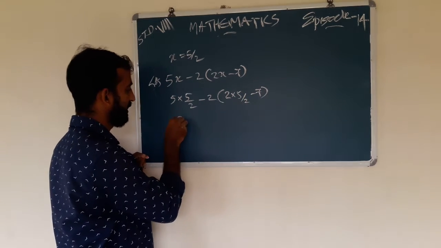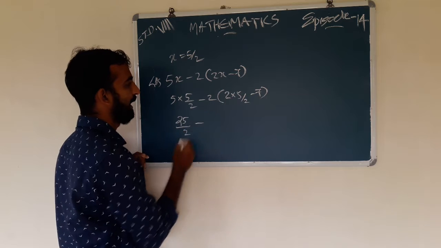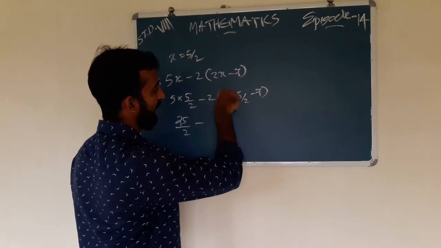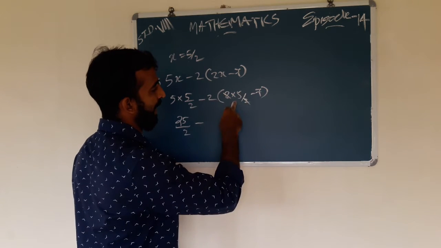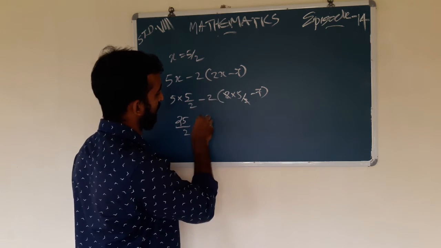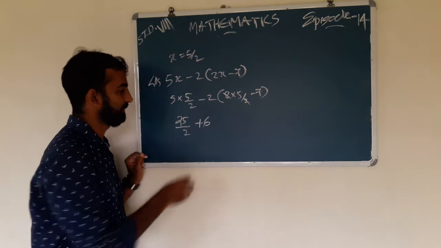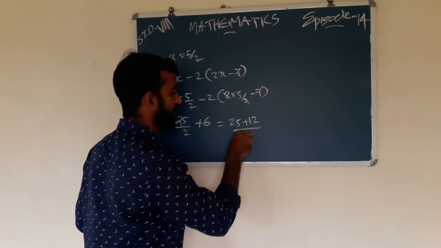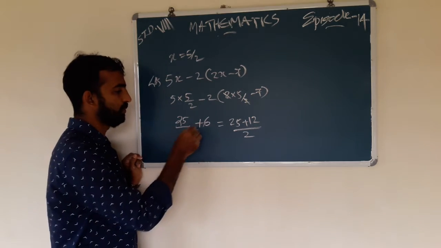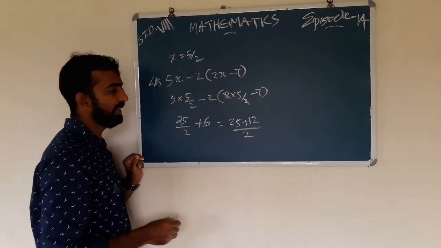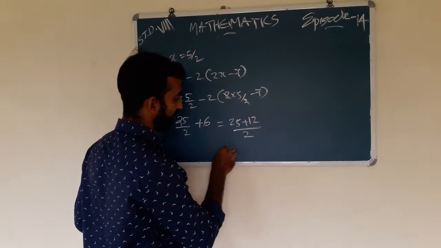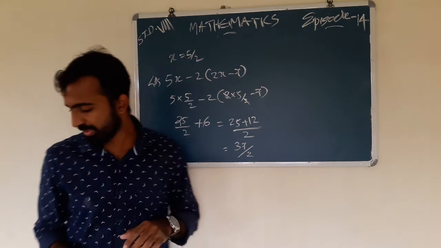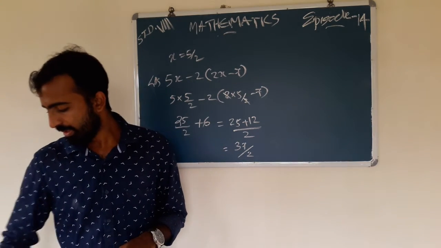We get 25 by 2 minus. Here we can cancel. We get minus 2 plus 6. That is 25 plus 12 divided by 2. That is 37 by 2. Is it 37 by 2?